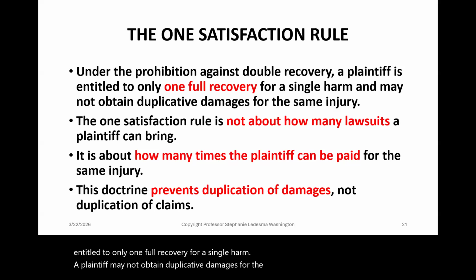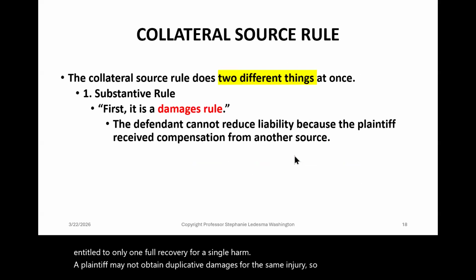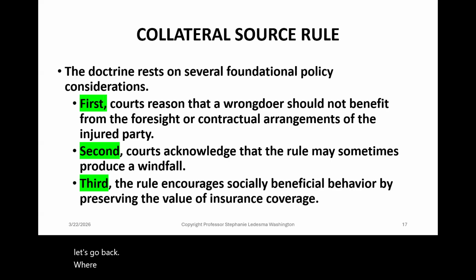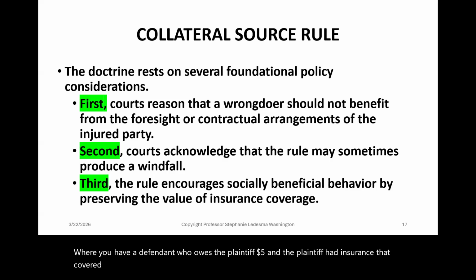So if there was a situation where you have a defendant who owes the plaintiff $5 and the plaintiff had insurance that covered $2, well, we know under the collateral source rule, the defendant is going to have to pay the full $5 judgment.